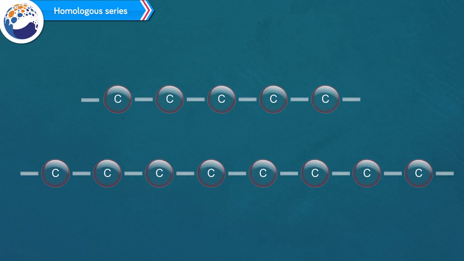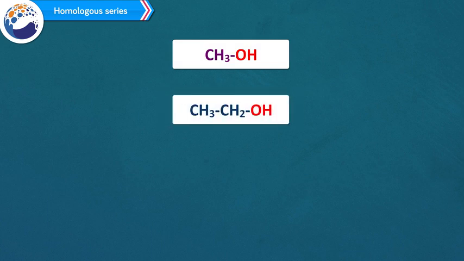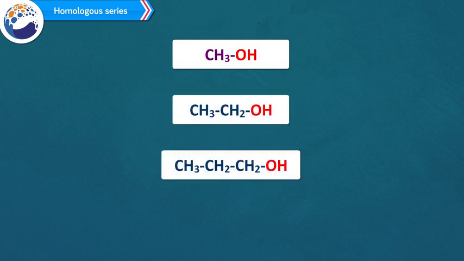For example, many compounds such as CH3OH, CH3CH2OH, CH3CH2CH2OH contain alcohol, minus OH, as a functional group, but the length of the carbon chain is different. Though the length of the carbon chains in them is different, their chemical properties are very much similar due to the presence of the same functional group in them.